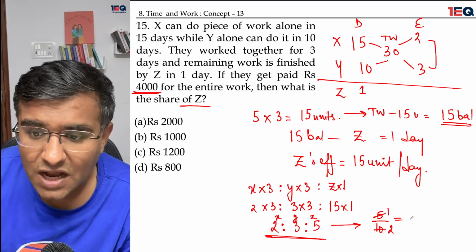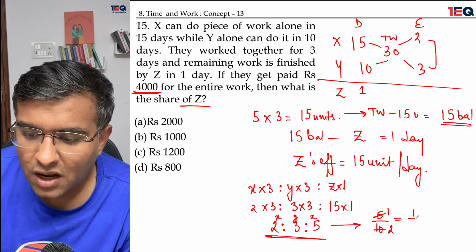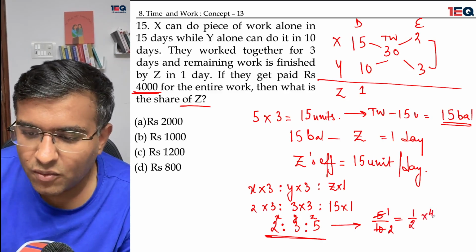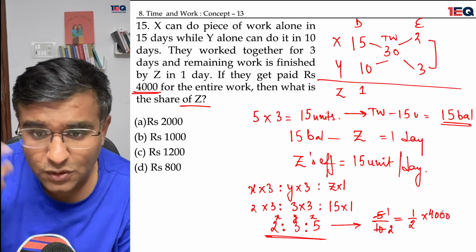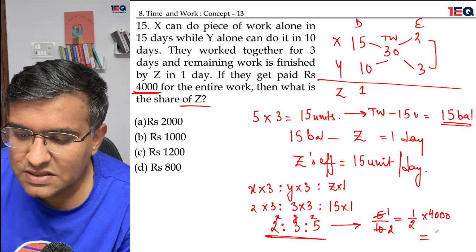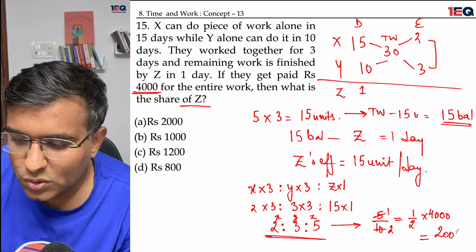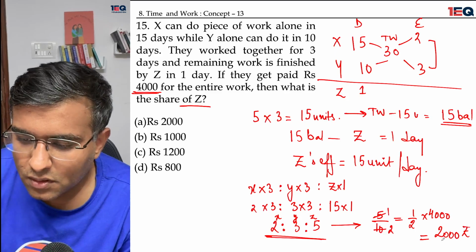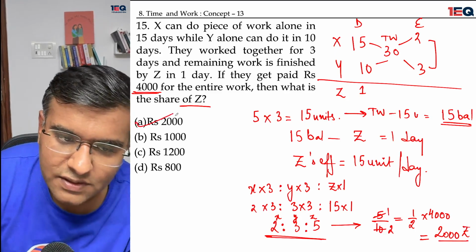So this means half of the share would be given. Half would be multiplied by the 4,000 rupees which was the total payment given to them. This is nothing but 2,000 rupees, which is my final answer.